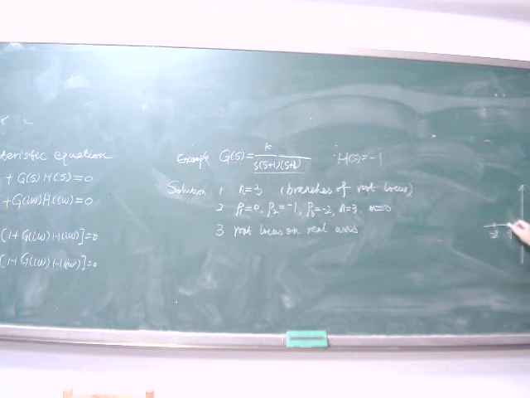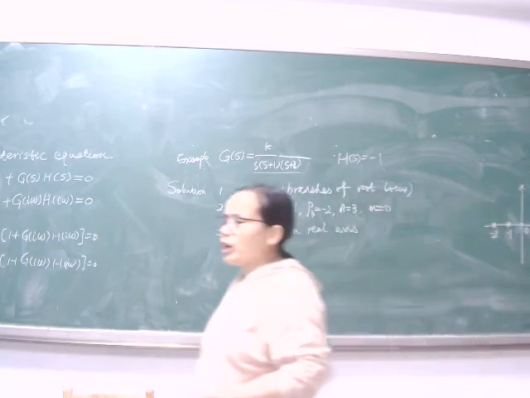Second, we can see here, if we take a point on this place, on the right of this point there is only one pole. The number of poles on the right is 1. It's an odd number. So this part is root locus on the real axis.